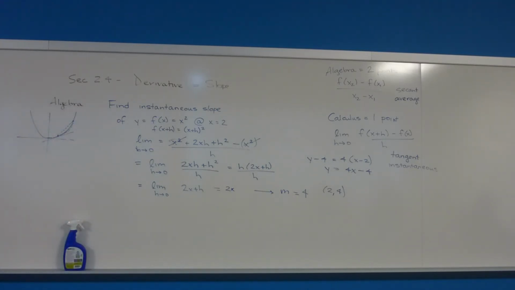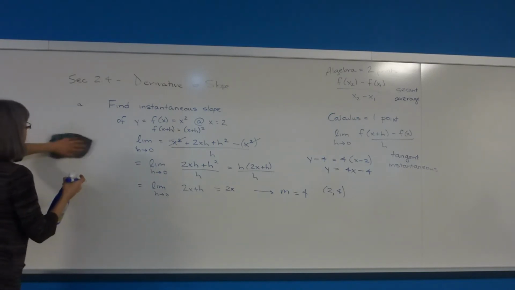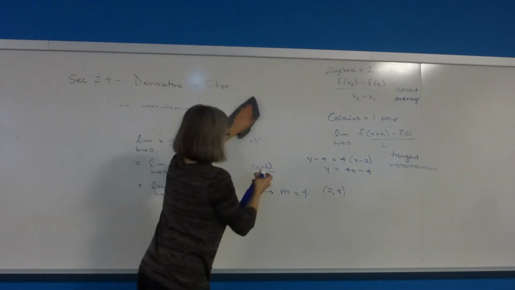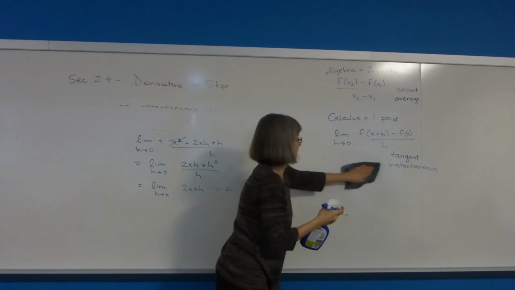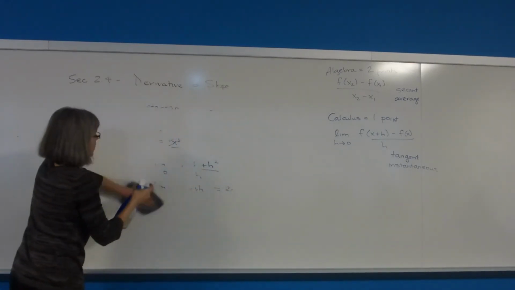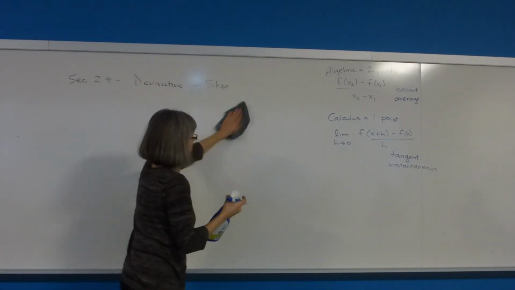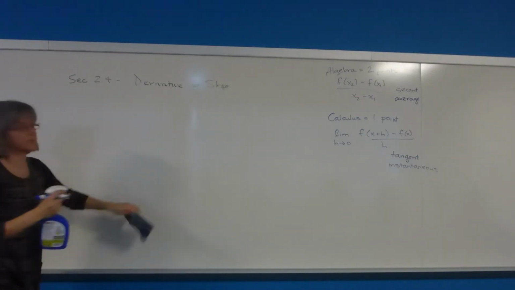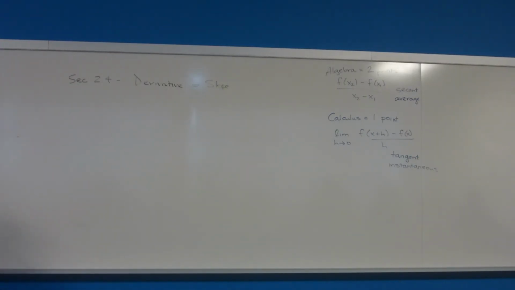All right, so let me do just another couple of pieces of definition for the calculus part. A little bit of vocabulary and a little bit of notation. I've called this the derivative, and that's correct.